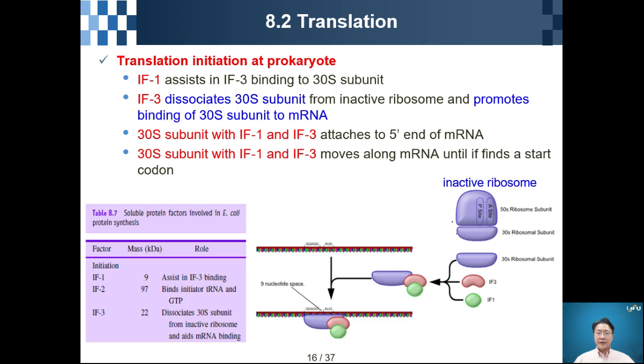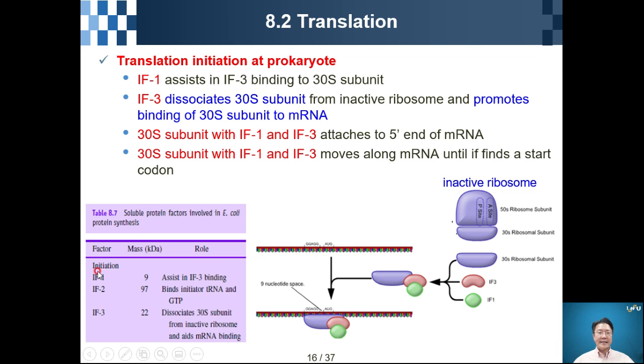Okay. In this slide, I will explain the translation initiation step in prokaryotes. In the following slide, I will explain the translation elongation and translation termination steps in prokaryotes. Table 8.7 summarizes the soluble protein factors involved in E. coli protein synthesis.